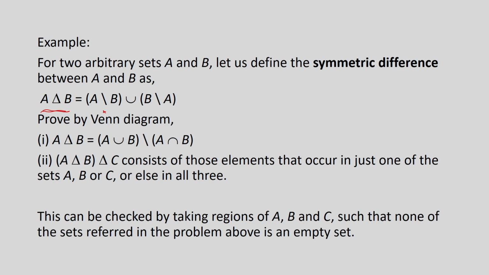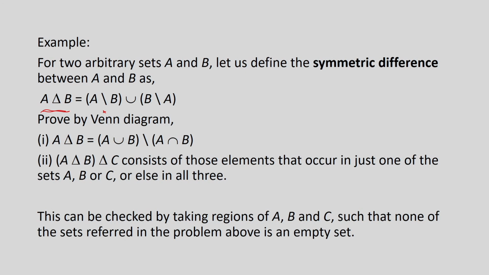Now, we have to prove with the help of Venn diagrams two propositions. One is A delta B is equal to A union B minus A intersection B, and second, within brackets A delta B bracket closed delta C consists of those elements that occur in just one of the sets A, B or C, or else in all three.